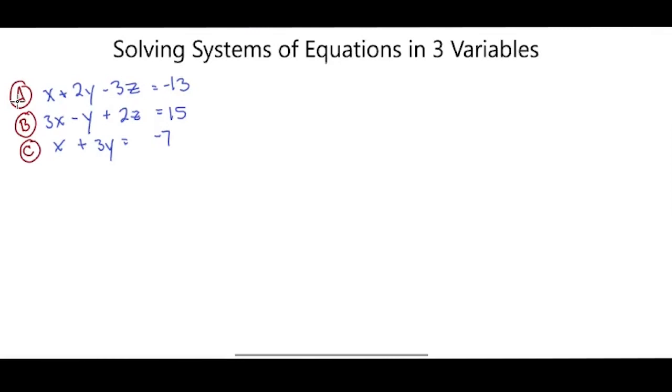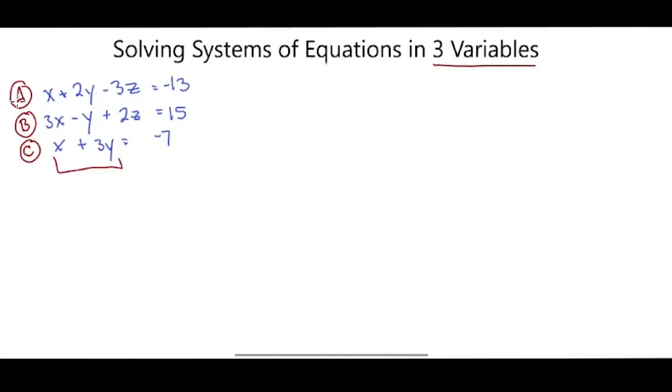So what I want to do is look and see in my equations what I'm dealing with. If you'll notice, equation C only has 2 variables. If you ever have a situation like this, where you have an equation that only has 2 variables, but you're dealing with solving for 3 variables, what you want to do then is figure out which variable is missing.